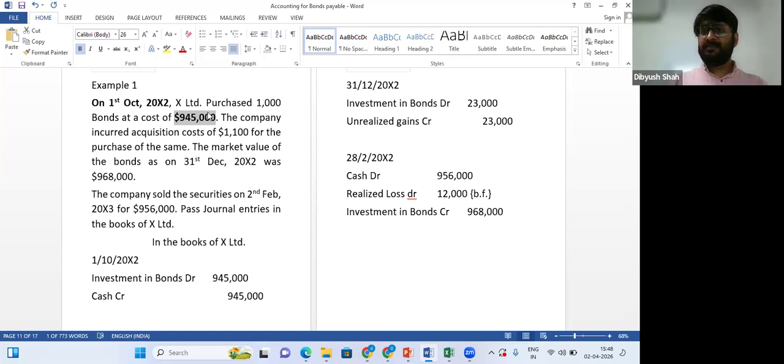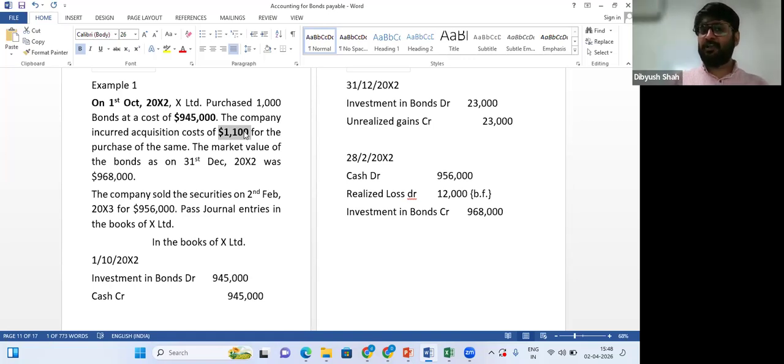$945,000. The company incurred acquisition cost. We just discussed transaction cost. That is also called acquisition cost. I have intentionally put this language so that you get familiar with the exam terminology. The company incurred acquisition cost, that is transaction cost of $1,100 for the purchase of the same.